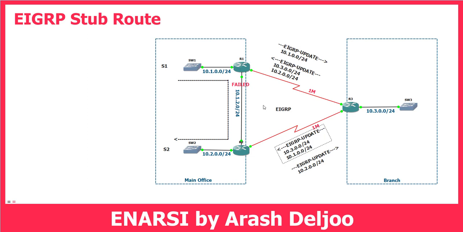Okay, but now if R1 receives 10.2.0.0/24 from router 3, when traffic arrives at router 1 for forwarding to this network, this traffic can be and will be passed to the WAN. And you know that this is not appropriate. Why?